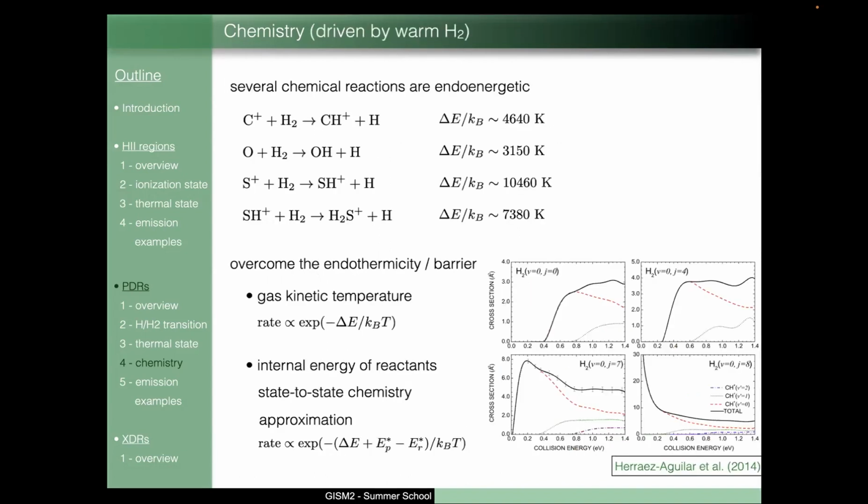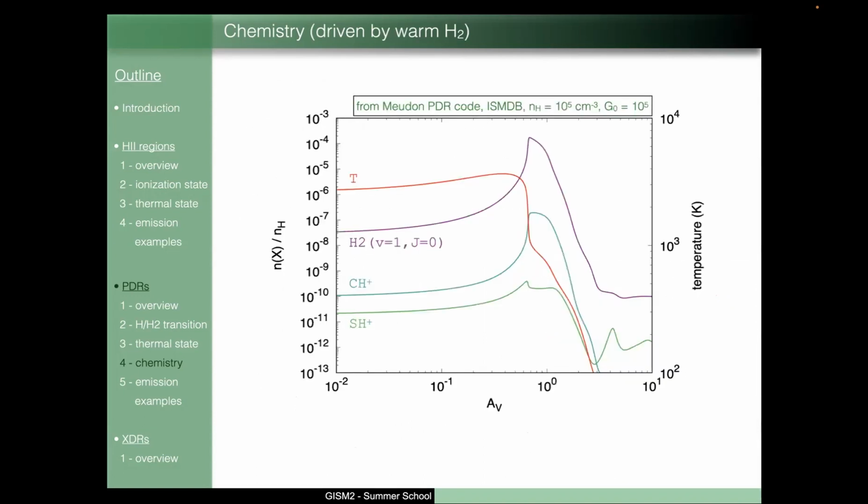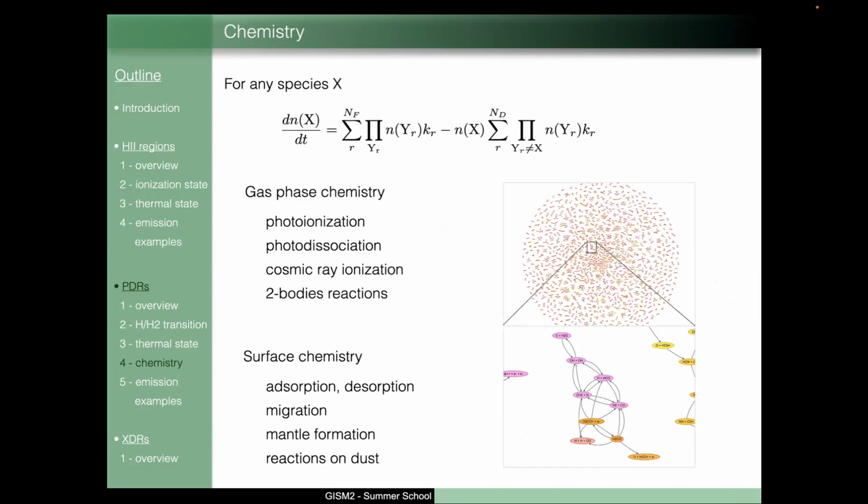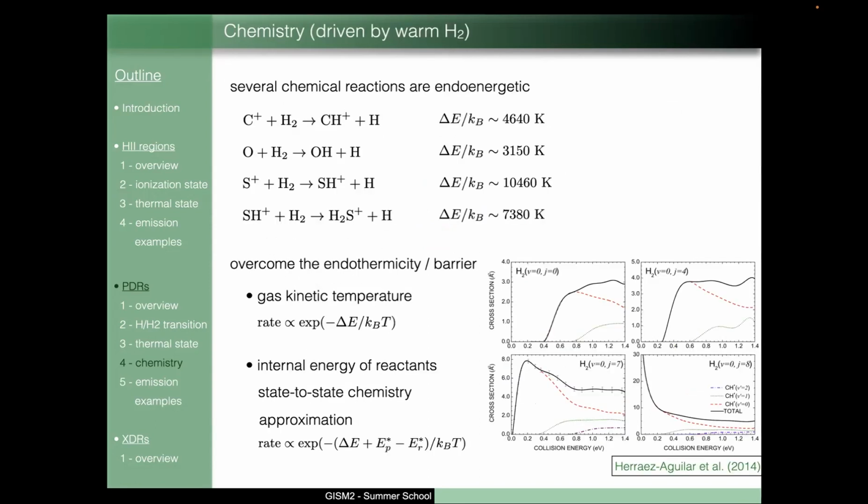Another thing that we need to include inside the models is the so-called warm chemistry, or the chemistry given by warm H2, or the state-to-state chemistry. So in the two-body reactions that were listed here in the chemical network, there are some reactions which are exothermic and other reactions which are endothermic.